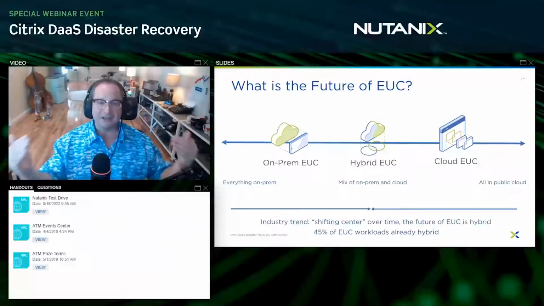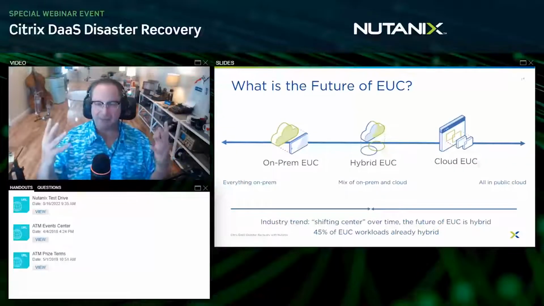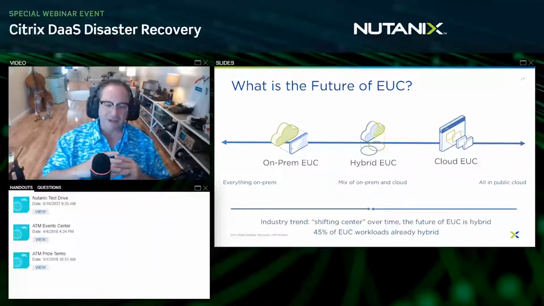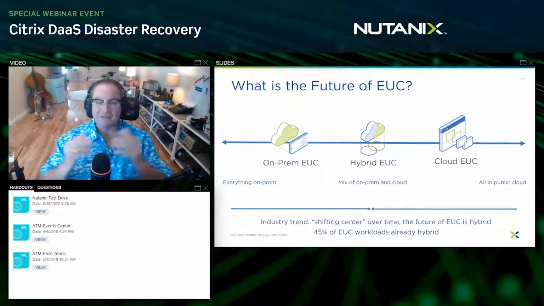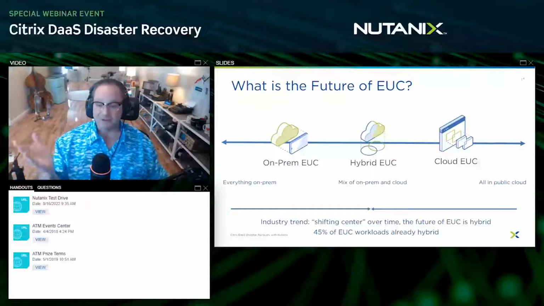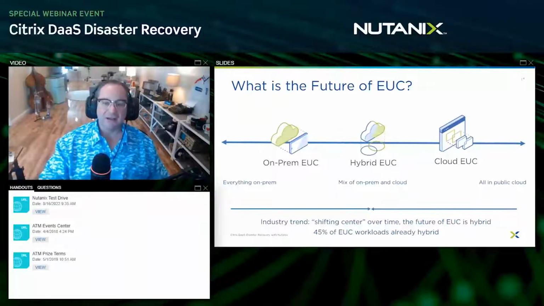So we're really trending to the middle ground here with hybrid EUC, or hybrid cloud, if you will. And I love this little note here: this industry trend shifting to the center. Over time, the future of EUC is hybrid. 45% of EUC workloads are already hybrid.